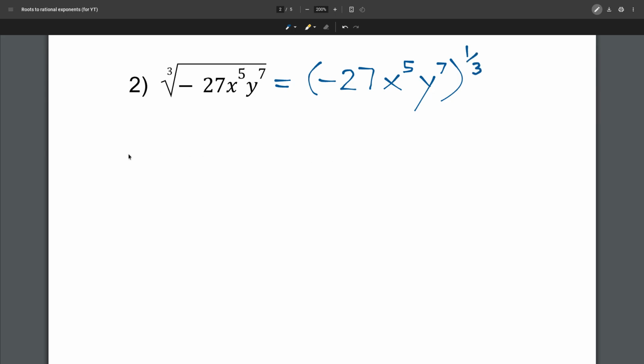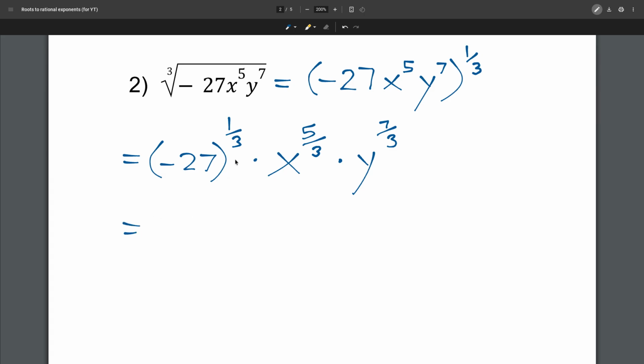Okay, so it's going to equal negative 27 to the 1/3 power times 5 times 1/3 is 5/3, so it's going to be x to the 5/3 power, and then times y to the 7/3 power.